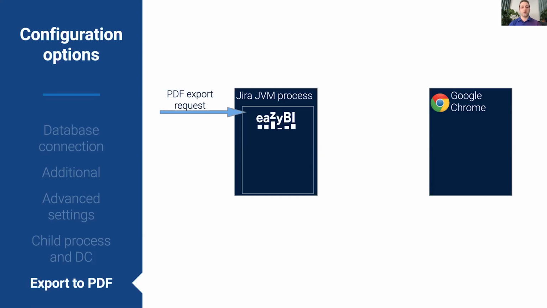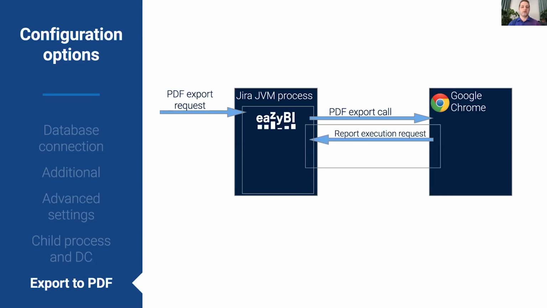We are using Google Chrome in the background, so when a user requests PDF export, eazyBI calls Google Chrome to generate this PDF, and then Chrome calls back eazyBI to get the report results, and then we use built-in browser functionality to generate a PDF file and present it back to the user.